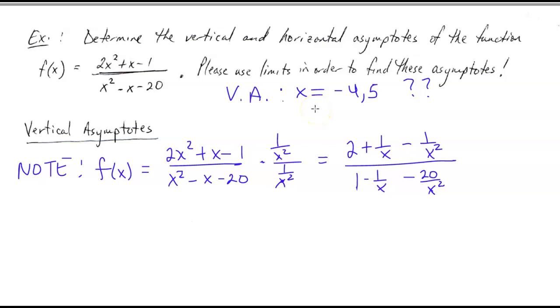Now, part of the reason why we want to do this formally is that all we've actually done when we said that we potentially have a vertical asymptote at x equals -4 and 5 is find the zeros of the denominator. Okay, we haven't done anything with the numerator.